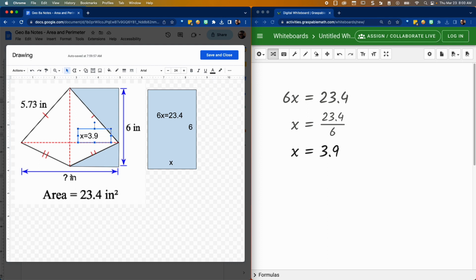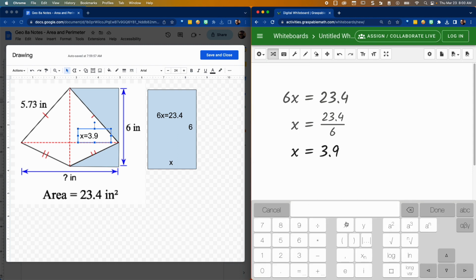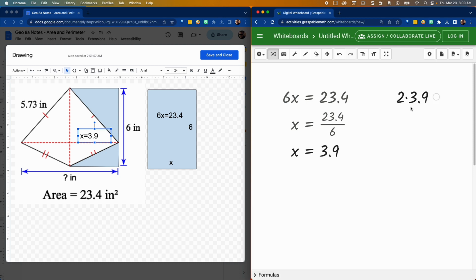It's asking for the full distance across, not just half this distance. So if I were to add another calculation in here, I'll say 2 times 3.9, and then just simplify that calculation. So 2 times 3.9 is, put this under here, 7.8.